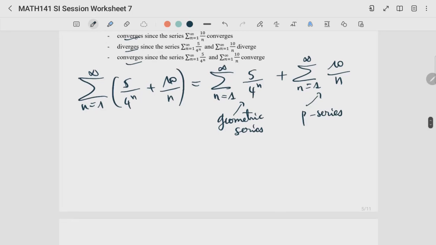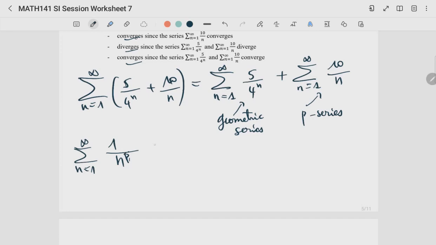If you remember, a p series is a series of the form 1 over n to the p, with n going from 1 to infinity. And there are different rules in terms of what the value of p should be for the series to converge or diverge.